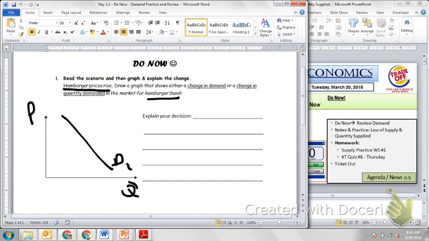We know that they are complements, and so the change in the price of one is going to affect the demand for the other one. So if prices go up, that means demand is going to go down for both of them, and so we show demand decrease, a shift to the left because of change in the price of our complements.